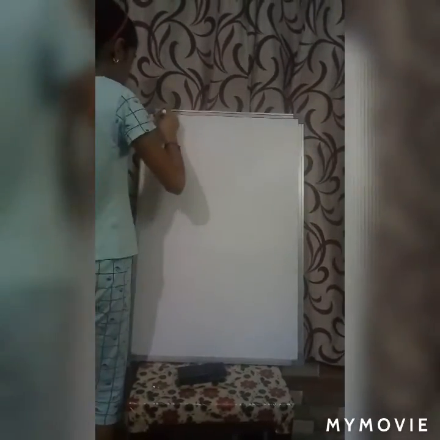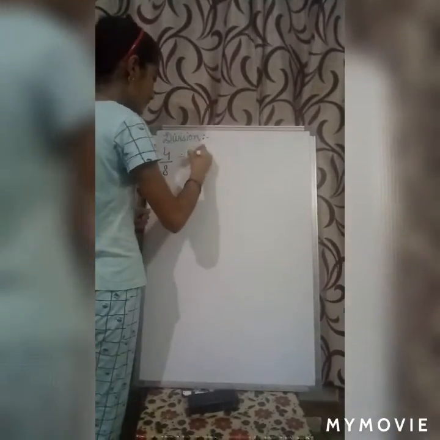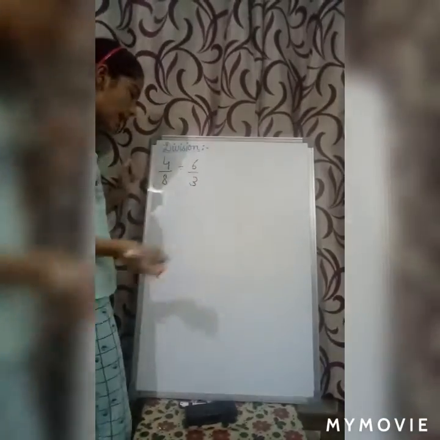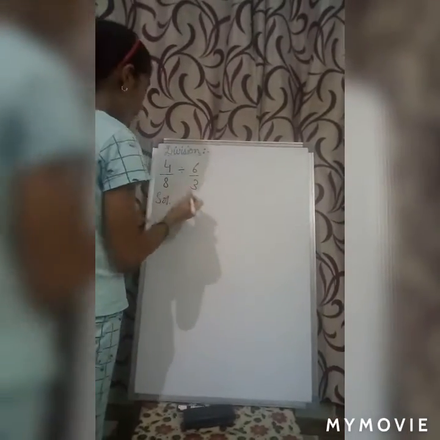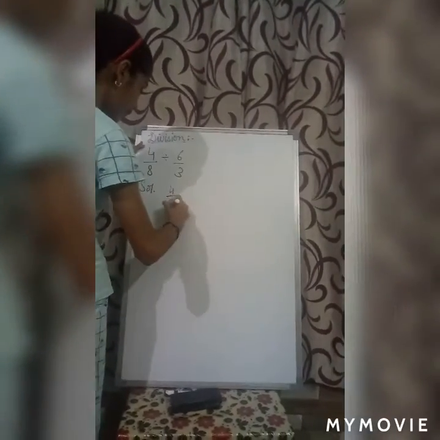Now we are starting with division. Let's take an example, which is 4 upon 8 divided by 6 upon 3. Now I'll tell you what would be the solution to this question. The first fraction would be the same, 4 upon 8.